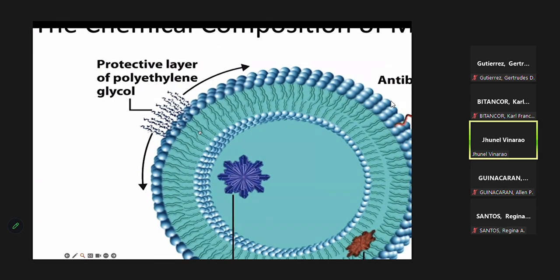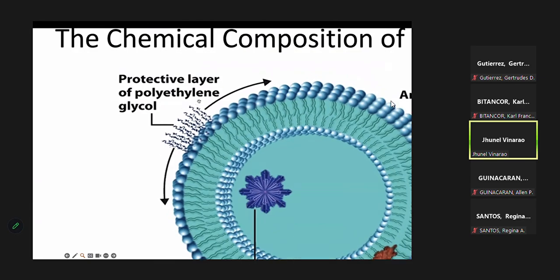And yeah, in this example, they designed this vesicle with the use of PEG or polyethylene glycol. Yung PEG kasi is very common sa mga makeup enthusiasts diyan kasi it preserves yung moisture or yung hydration sa mga makeup kits.